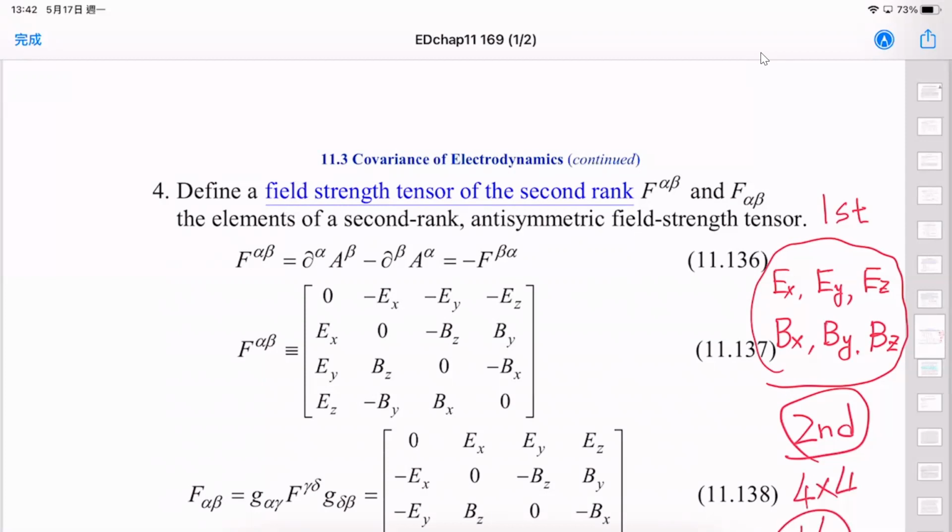But for an antisymmetric field tensor, we have just 6 components. By changing the index, they will differ by a minus sign. So this is antisymmetric. The definition of this one is here.